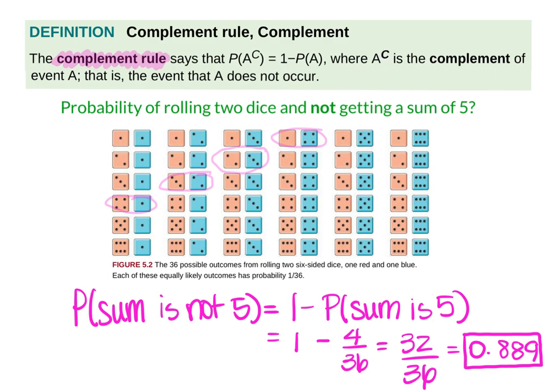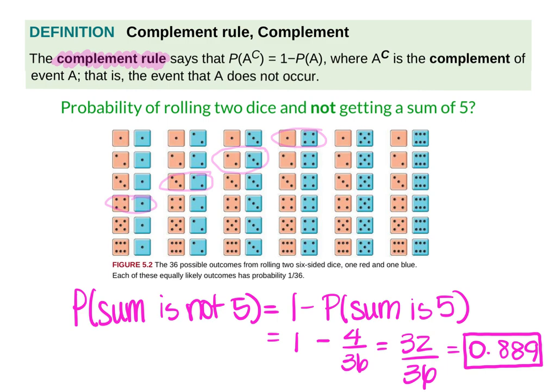For example, what is the probability of rolling 2 dice and not getting a sum of 5? One thing you could do is map out all 36 possible rolls of 2 dice. You probably knew that was 36, 6 times 6. And you could count up all the 1s and the 2s and the 3s and the 4s and the 6s and find out what your probability is.